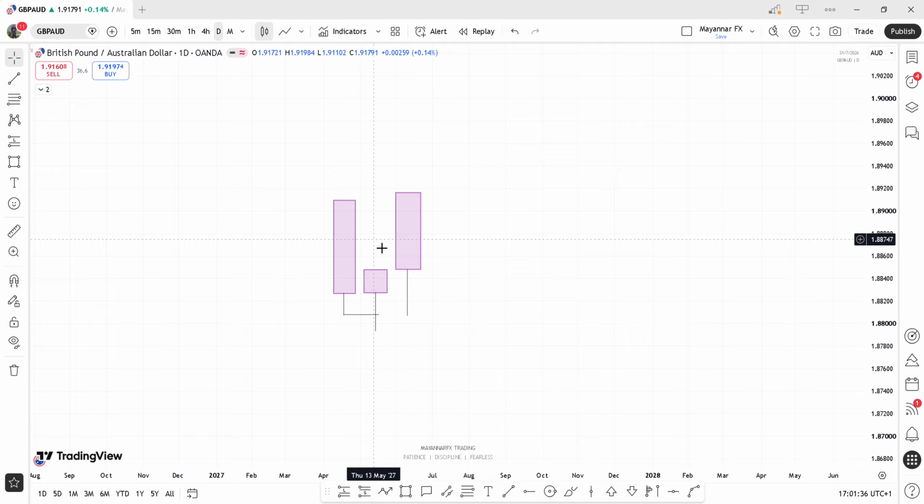The first thing you should know is why the obvious entry is a trap. Like I said, when you see this candle forming, you think you can just enter, you enter, and the price just tanks. Or the moment the manipulation candle closes, you feel you can jump in and buy immediately.